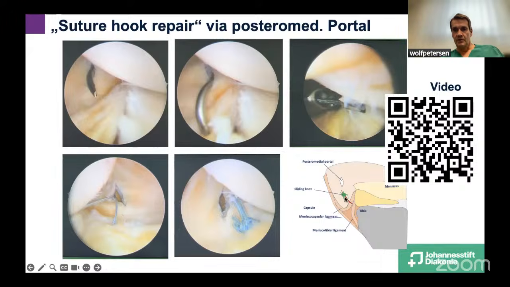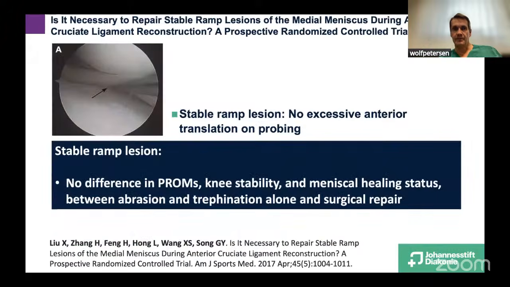You can see the suture here, and then you add, in most cases, one or two, so that you have 2 or 3 sutures to repair the ramp lesion.